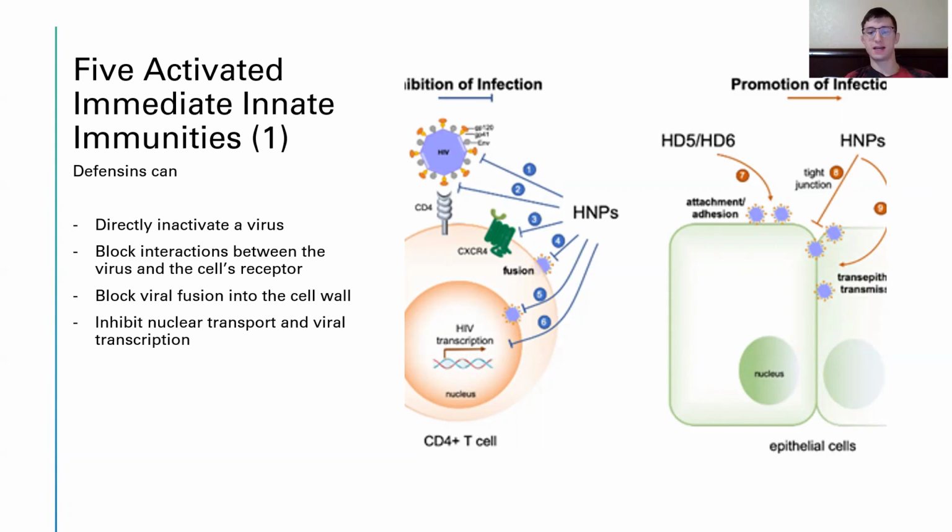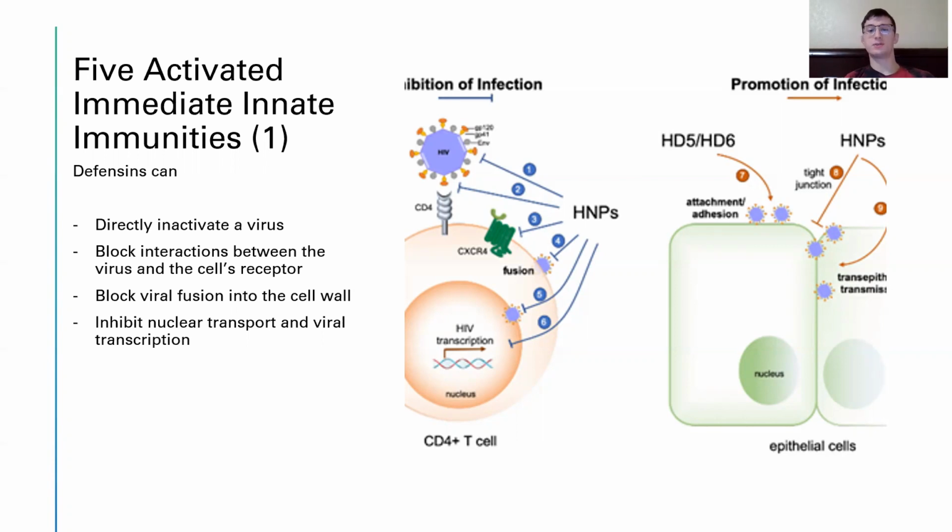There are many, many types of roles that defensins have. Surprisingly, there are both infection inhibiting and infection promoting mechanisms of defensins. So there's some controversy over whether people want to even recognize defensins as really helpful or not.